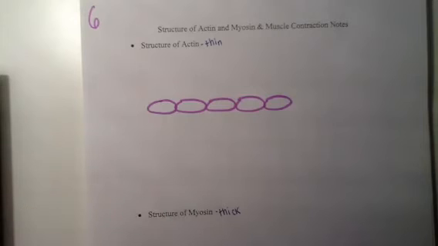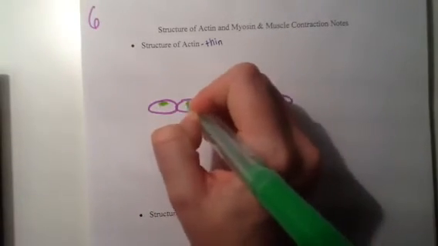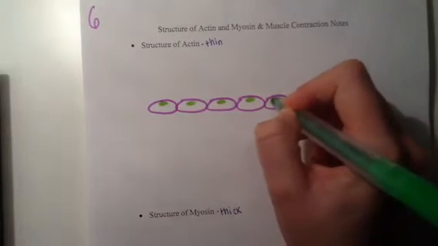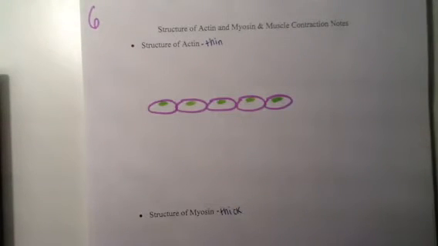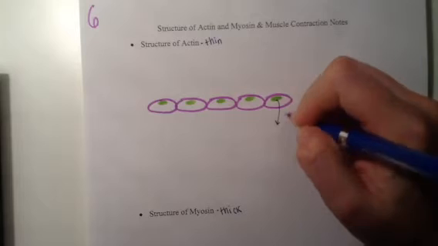Okay, on that actin filament, there are going to be areas where the myosin is going to bind, and ironically enough, it's called the myosin binding site. So let me label it as the myosin binding site, just the green circle.